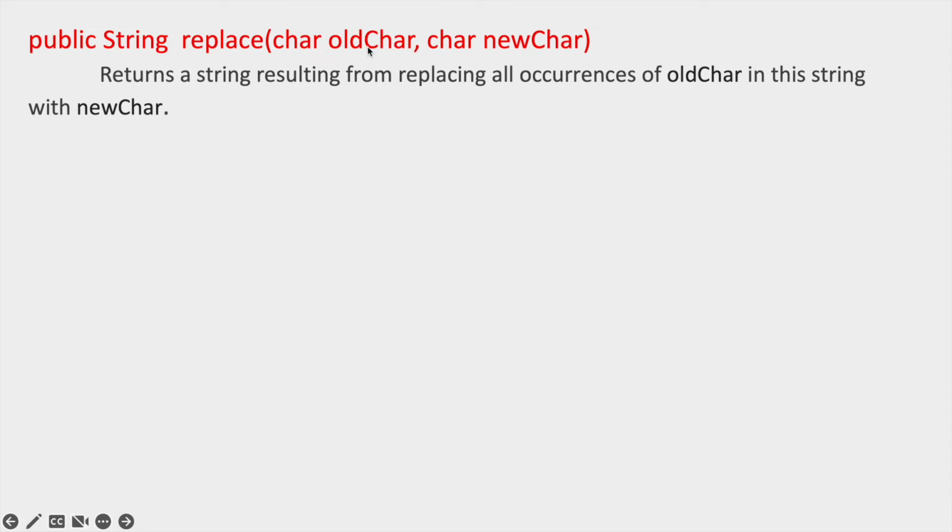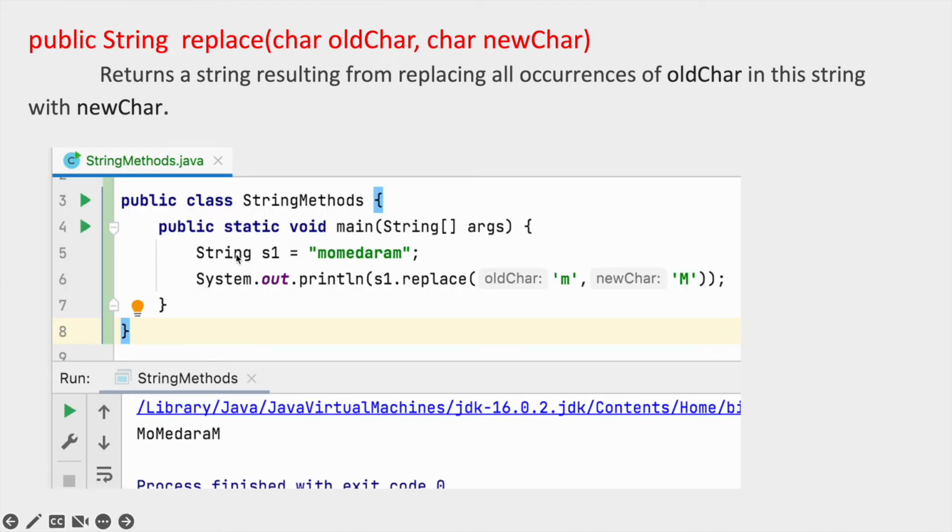The replace method is used to replace any old character with a new character. This method will replace, and it will return the newly replaced string. Let us see an example. In this case, we have string s1 is equal to "mohammedaram". In s1.replace, the old character, meaning whatever character you want to replace, you specify in the first argument.